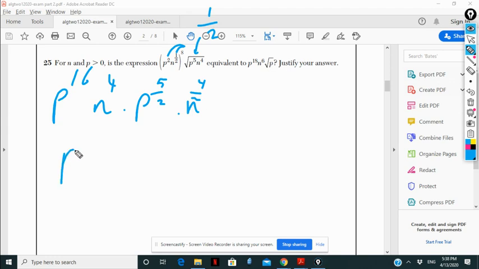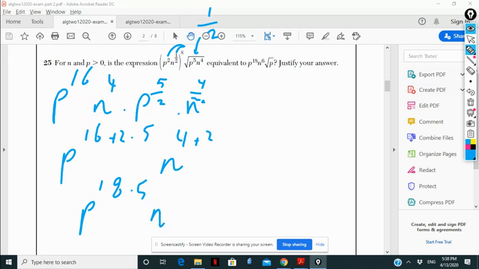So that's going to be b to the power 16 plus 2.5, n to the power 4 plus 2, giving me b to the power 18 and a half, n to the power 6.